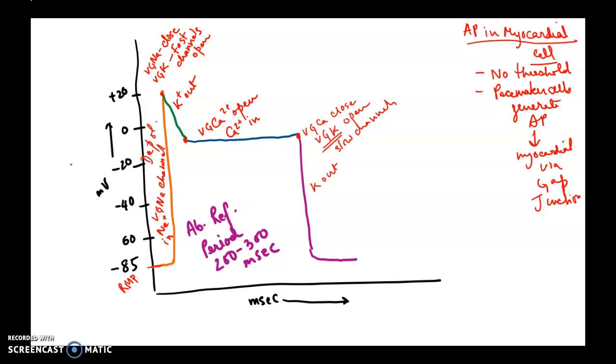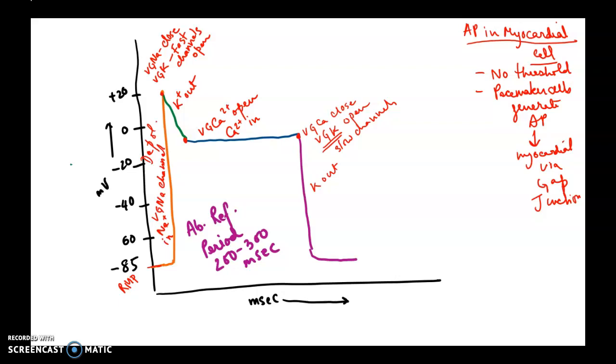As you see, the action potential is long, right? So as the action potential is proceeding, obviously you cannot stimulate the myocardial cell again. And that is why myocardial cells have a long absolute refractory period.